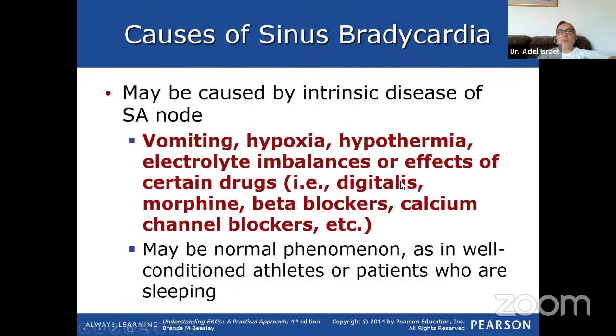And digitalis, which we use for treatment of heart failure, also slows down the heart. So we mentioned before that the intrinsic or inherited trait is the normal one, but if I have the effect of medication making it slower, this is what we call sinus bradycardia.